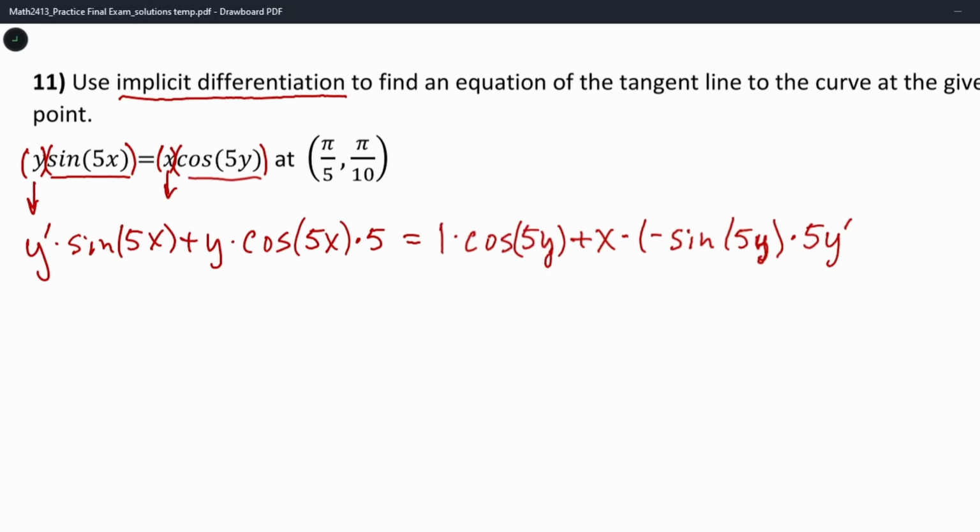The next step, we can go ahead and evaluate for x and y, and then simplify.